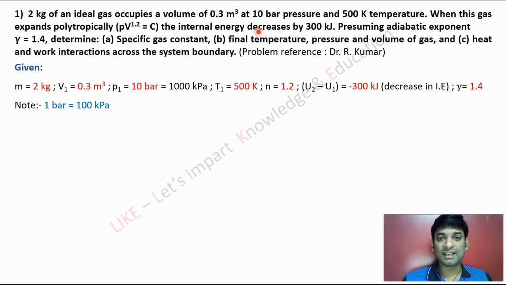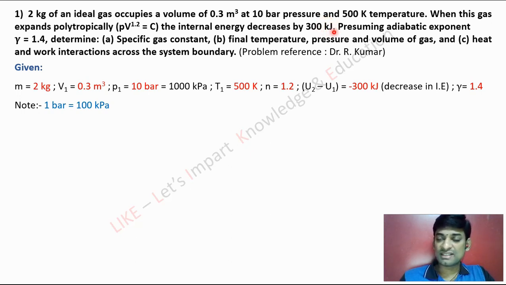The internal energy decreases by 300 kilojoule. Internal energy symbol is U. This is the symbol for internal energy. If it is an inlet condition, U1. If it is an outlet condition, U2. Also, the unit for internal energy is kilojoule.